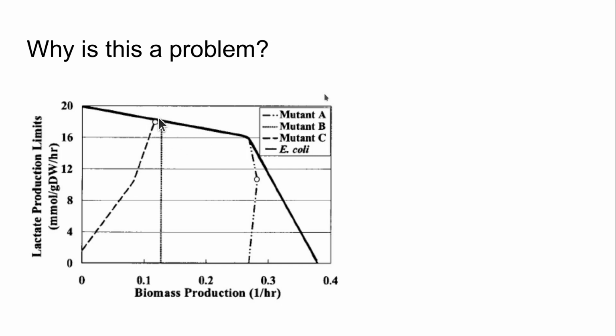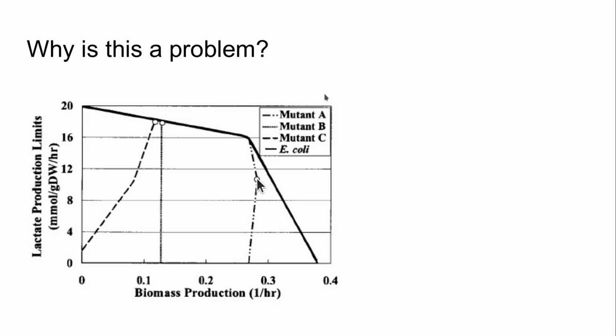Meanwhile, both of these here can produce quite high lactate amounts per gram dry weight. But if we look at this middle mutant here, we have a problem, because our mutant will try to be somewhere along this line, specifically at that point or any of the points that is the furthest to the right.